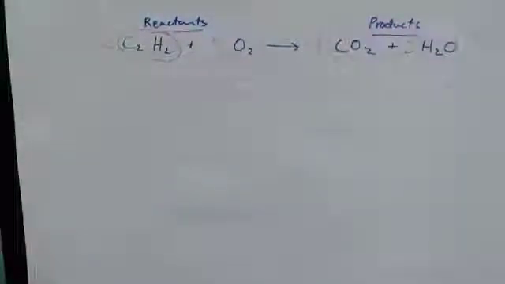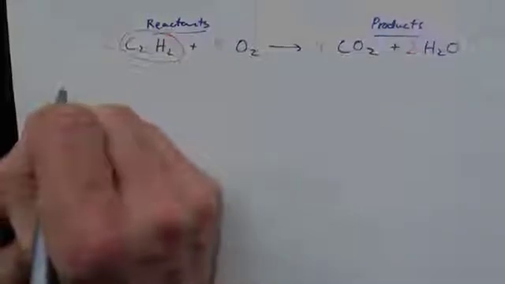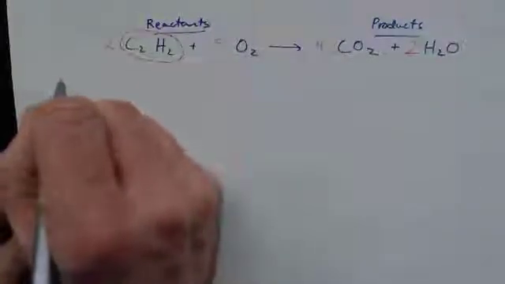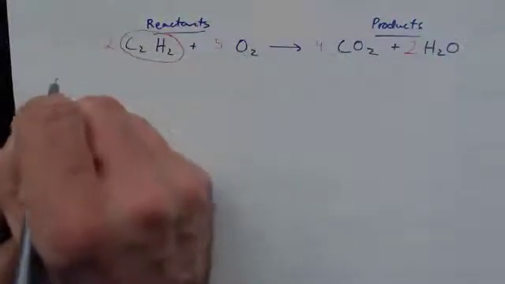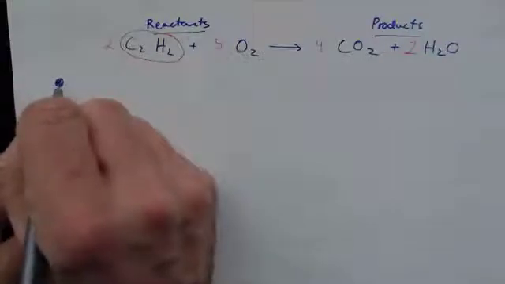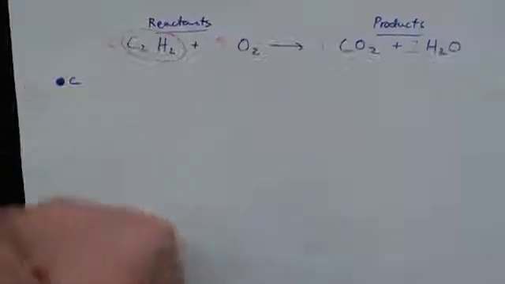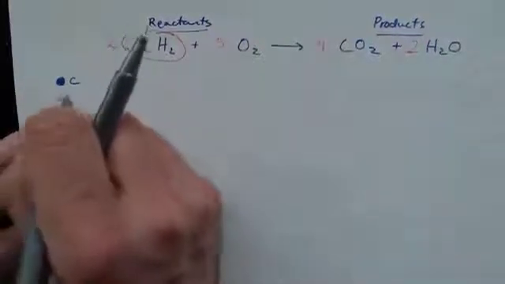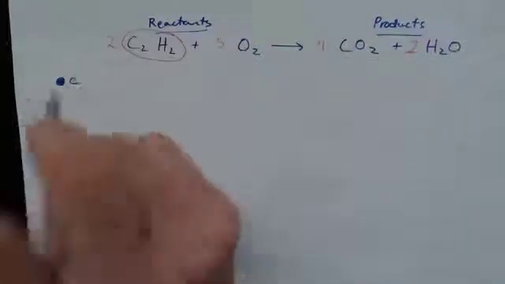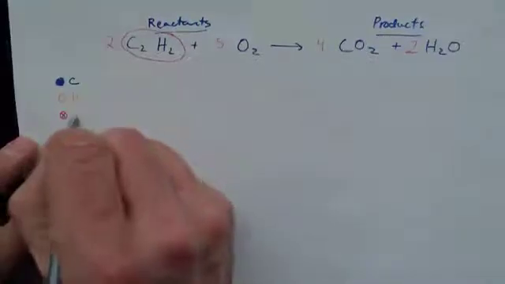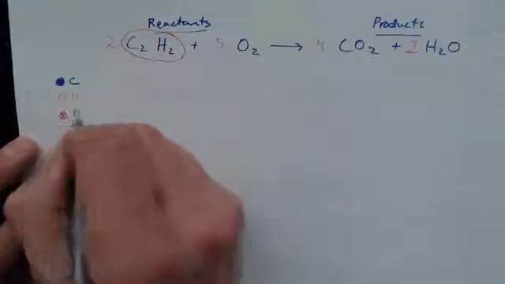We'll do a solid circle for C's, carbons. Let's say an orange empty one is for hydrogens, and a red X is for oxygens.